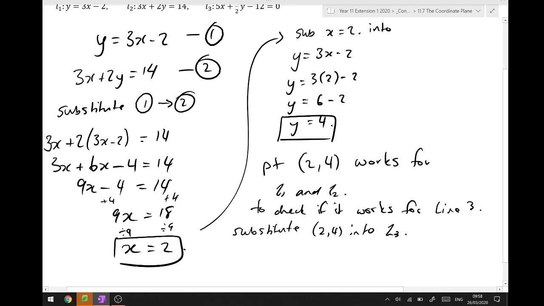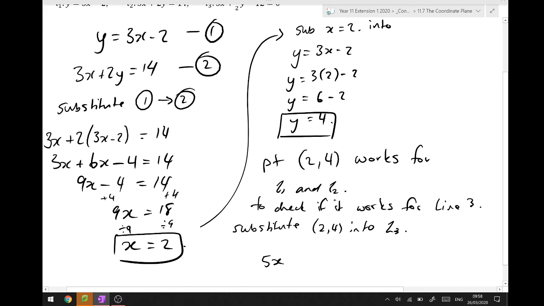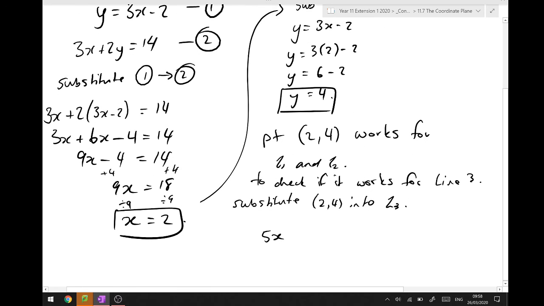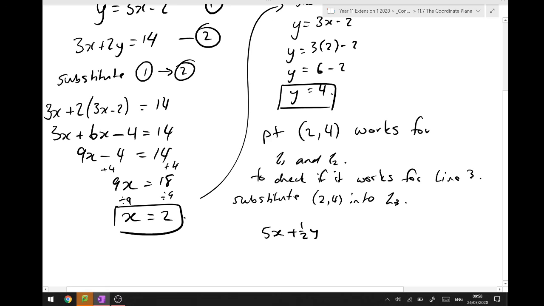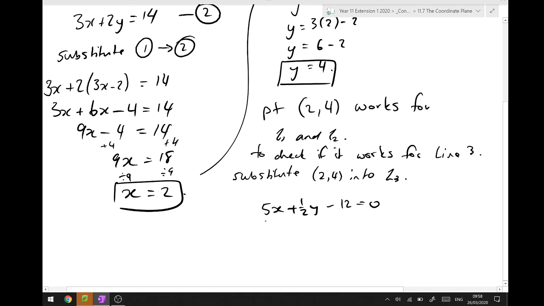So we get 5x plus a half y minus 12 is equal to 0. We're going to substitute the point (2, 4) into there. So this is my x, this is my y.